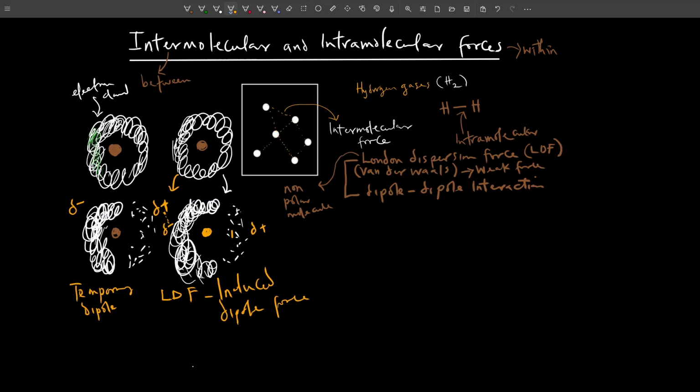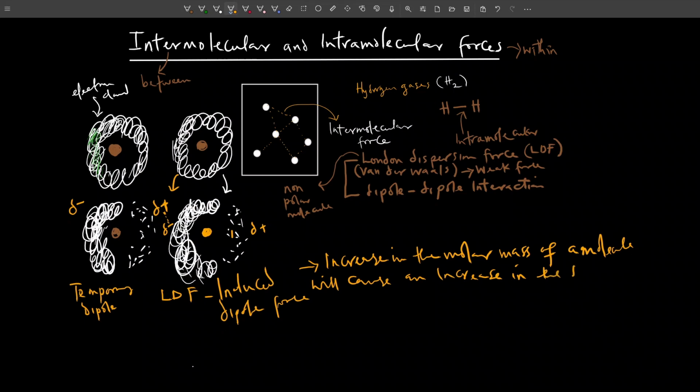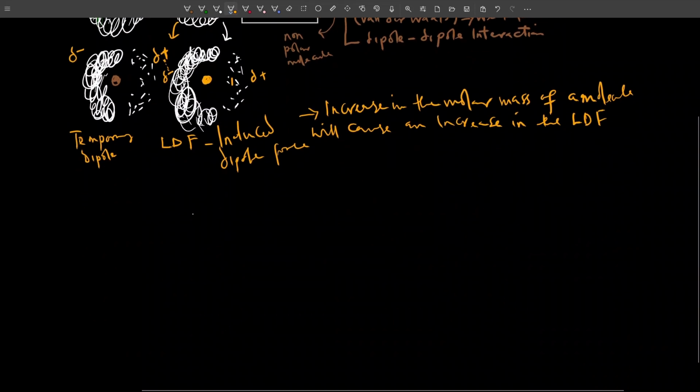And one thing that must be noted is an increase in the molar mass of a molecule will cause an increase in the London dispersion force. What do I mean? Take for example H2, as I used as an example, and CH4. They are both non-polar.